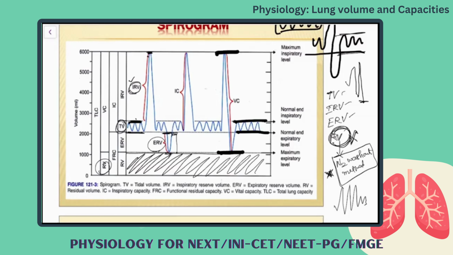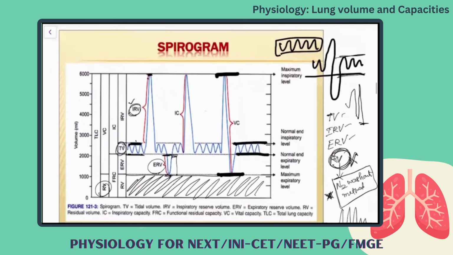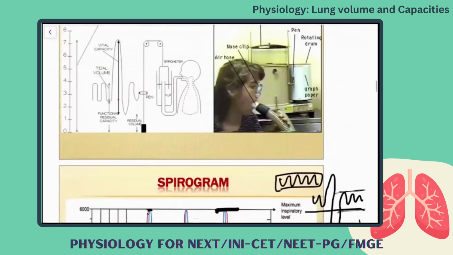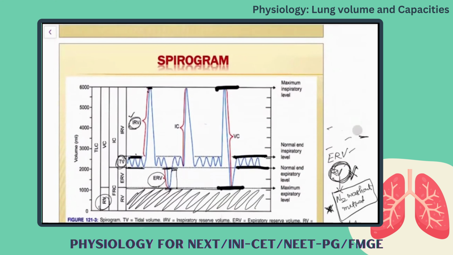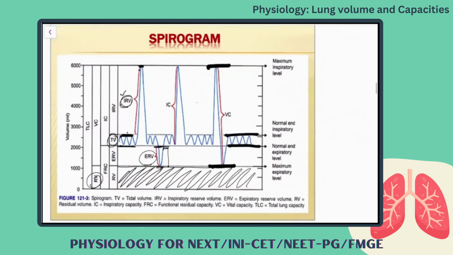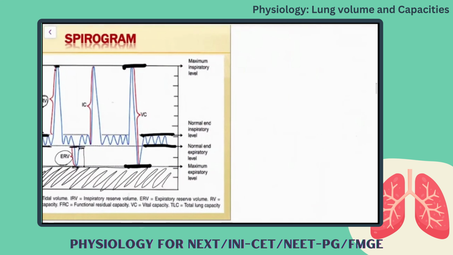Okay, and now we have seen already 4 lung volumes, and from those 4 lung volumes we are going to see the lung capacities. So now you are the one going to tell me the lung capacities. What is this? Tidal volume, inspiratory reserve volume, expiratory reserve volume, residual volume.